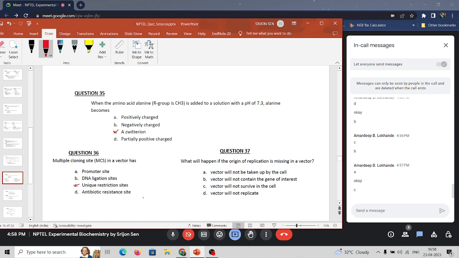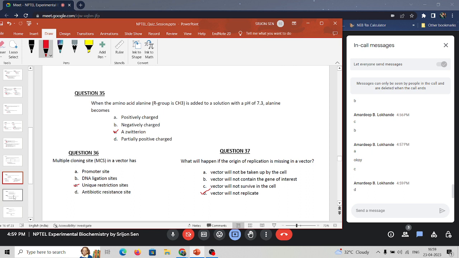Very good. What if your origin of replication is missing in a vector? What will happen if it is missing in your vector? The origin of replication is not present. Just very simple, the vector will not replicate.